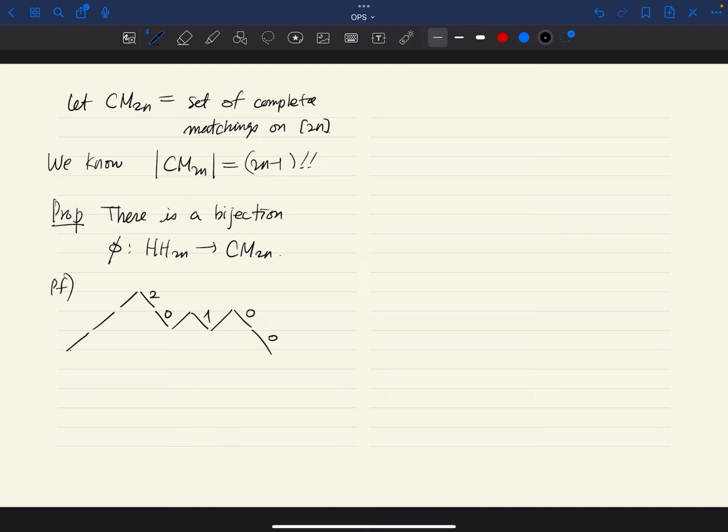Then the idea is we're going to create a complete matching on what is n here. How many steps are there? 1, 2, 3, 4, 5. So it's going to be 10. We want to find a complete matching on 10 vertices. This 10 is the number of steps, right? So for each step, we're going to create a dot. So I'm going to align them so that each step corresponds to one dot.